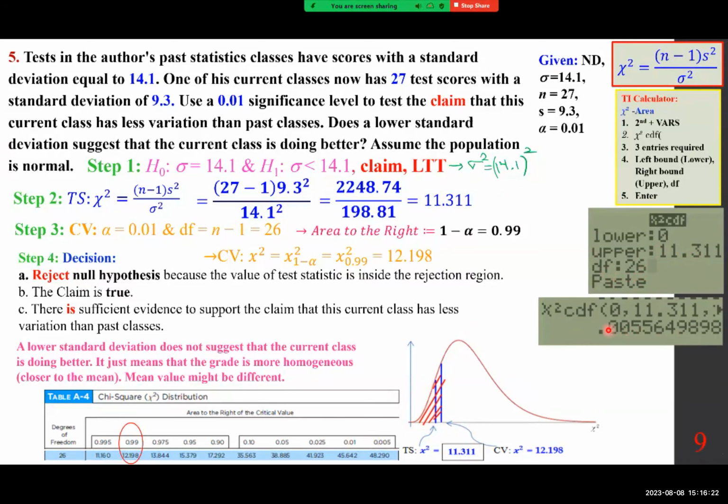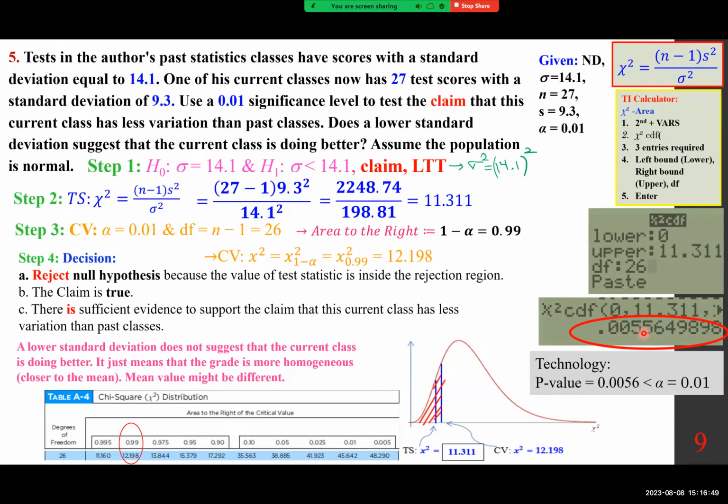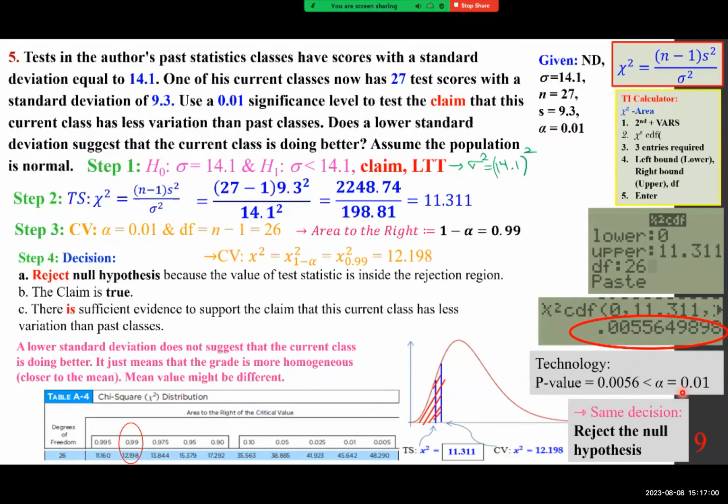This is the area to the left of the test statistic 11.311, which is the definition of a p-value. So the p-value is 0.005. If we stop here, that's 0.0056, and compared to alpha, it's smaller. So reject the null hypothesis. So this is your p-value, everybody: 0.005. If you want to stop here, that makes it 0.006. Pay attention to your rounding accordingly. And that's clearly less than alpha of 0.01. That means reject the null hypothesis, which is the same decision.